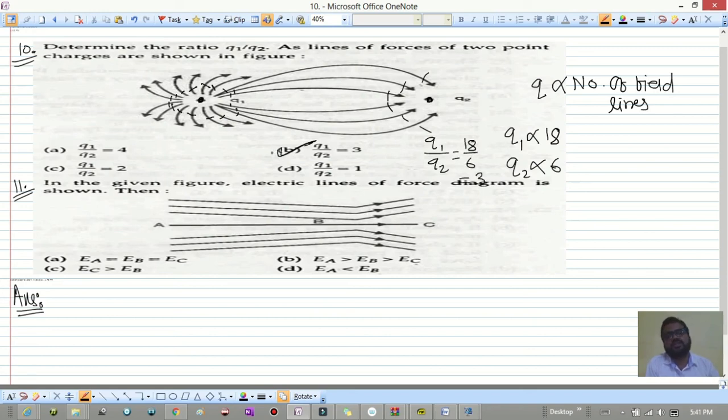So what is the answer? Option B. In the given figure, the electric lines of force diagram is shown. Then we want the relation between EA, EB and EC.